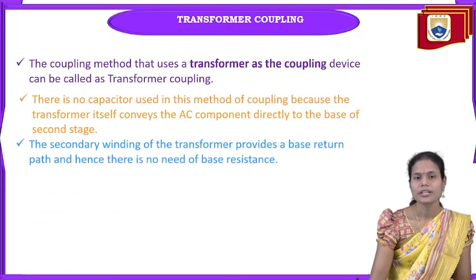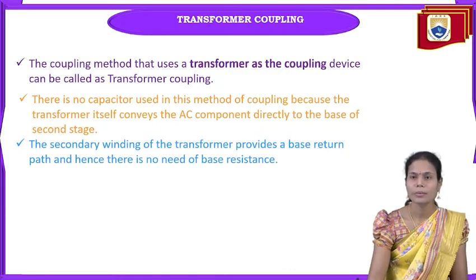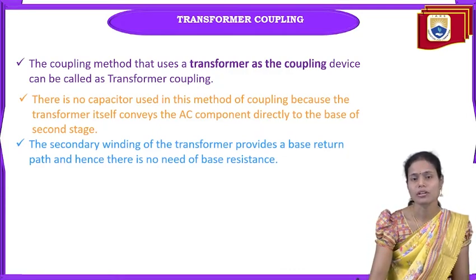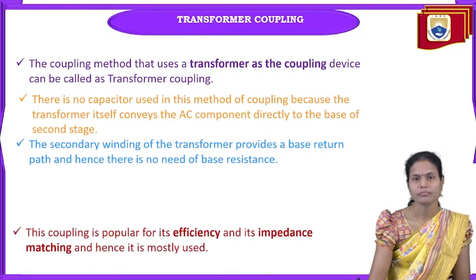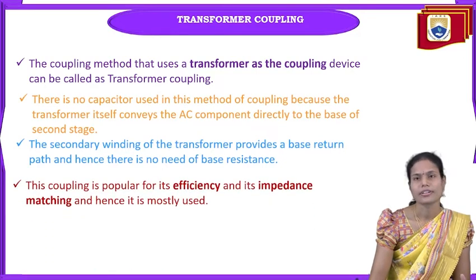The secondary winding of the transformer provides a base return path, so there is no need of any base resistance. We are not providing any extra base resistance in the case of transformer coupling. Why are we preferring this transformer coupling?